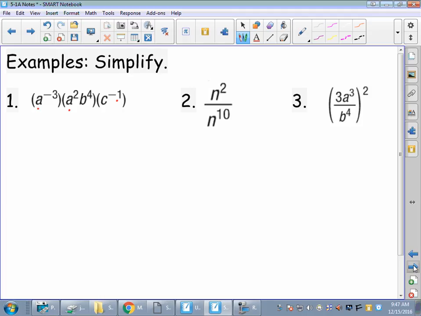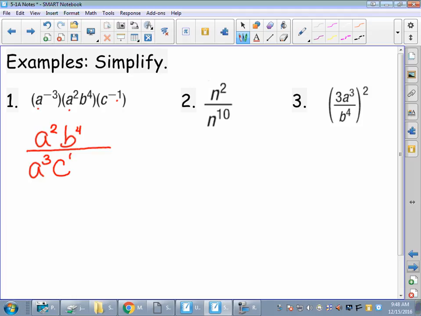I can expand it out. As a personal preference, I like to get rid of my negatives right away. So what I like to do is make a fraction bar when I see negatives, because I know things are going to start flipping. So a to the negative 3rd becomes a to the positive 3rd on the bottom. a squared stays on top, b to the 4th stays on top, and c to the negative 1 becomes c to the positive 1st on the bottom.